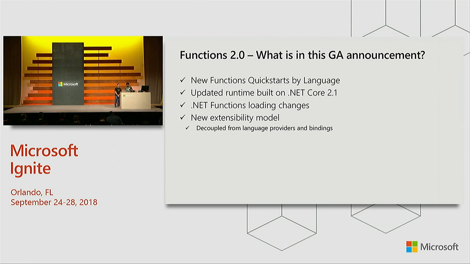A new extensibility model, which plays really well with the function loading changes that landed. So we now have a very clear, well-defined extensibility model for bindings, for your extensions, and language workers, which we'll get into later in the session.